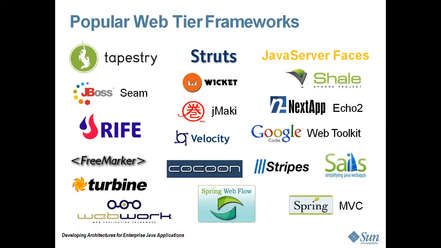It's a very popular web framework in Java Enterprise Edition. You might be familiar with the structures, JSF. I used Velocity, and I used Spring MVC, but the others I didn't use.